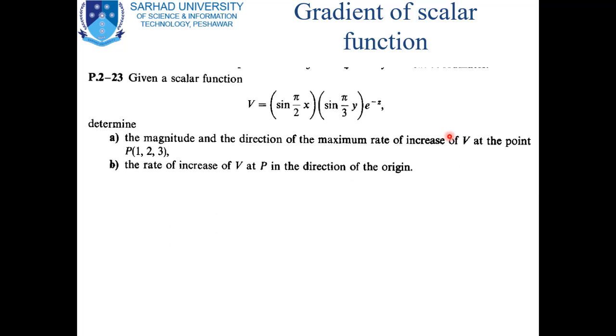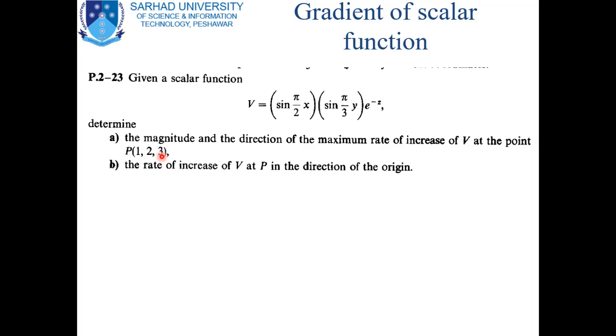So let's start our last problem related to the gradient of a scalar function. A function v depends upon x, y, and z, and we have to find the magnitude and direction of the maximum rate of increase of v at the point 1, 2, and 3.